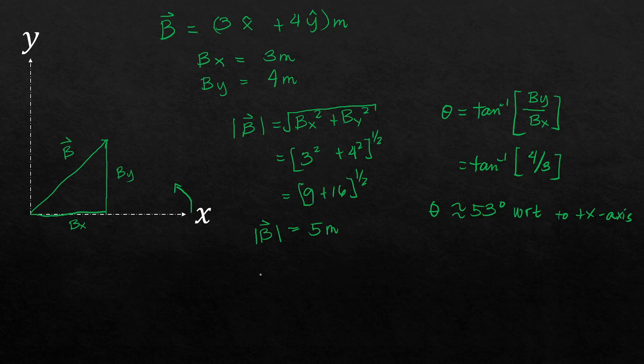So therefore, to express this unit vector into a Cartesian form, we have vector B to have a magnitude of 5 meters and a direction of 53 degrees north of east.